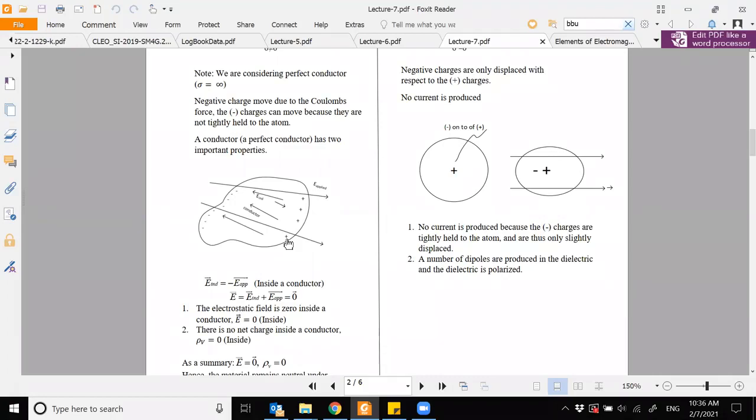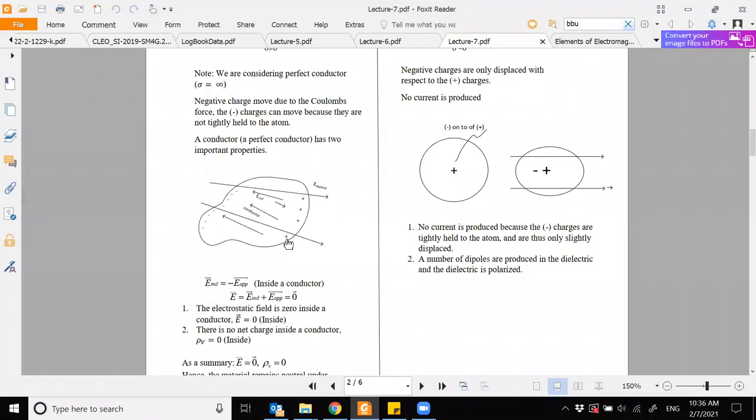Maybe before the electric field, the negative charges were within the atom, maybe in the valence band, or maybe some of them in the conduction band.